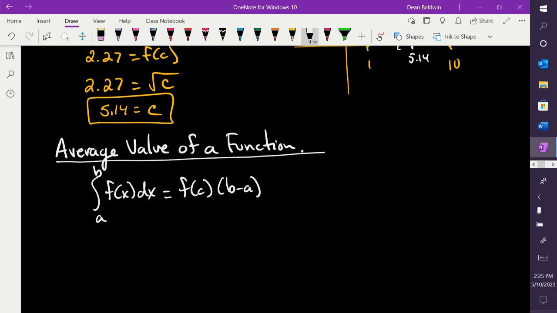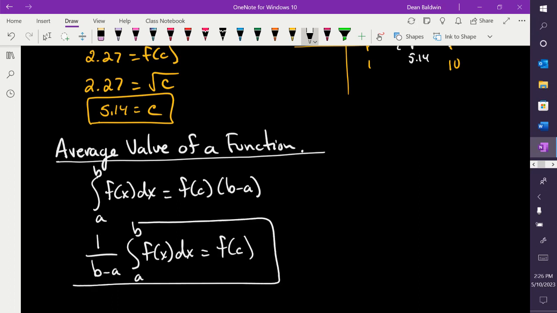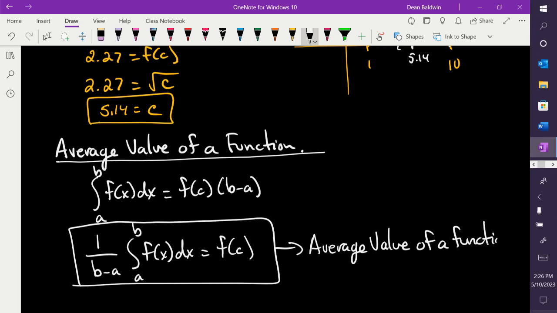If you divide off the b minus a, this formula is called the average value of a function.